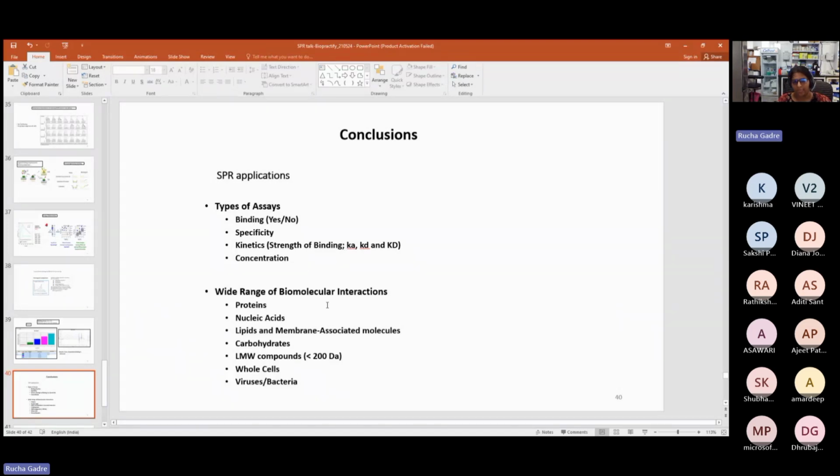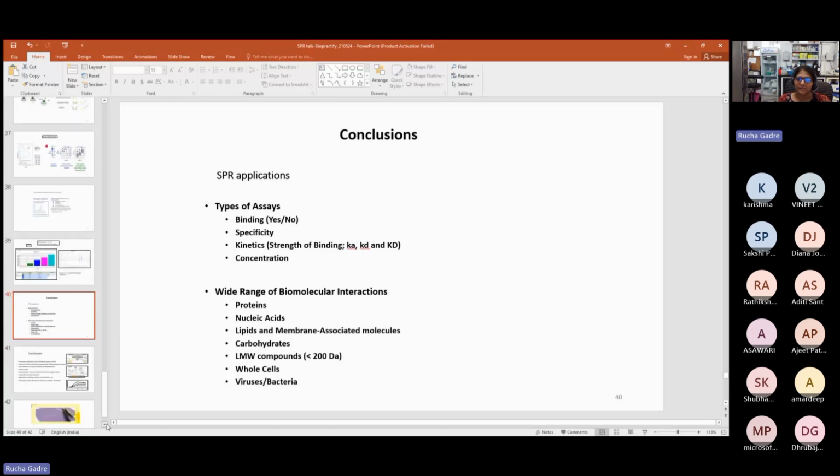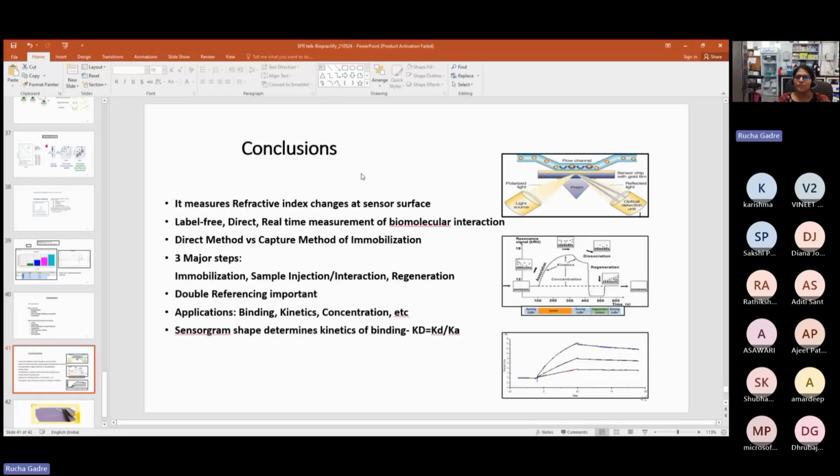These assays can be done for a wide range of biomolecular interactions, from proteins, nucleic acids, lipids, carbohydrates, small molecules, whole cells, virus, bacteria, etc. We can also run crude lysate samples and see the binding or the kinetics there.